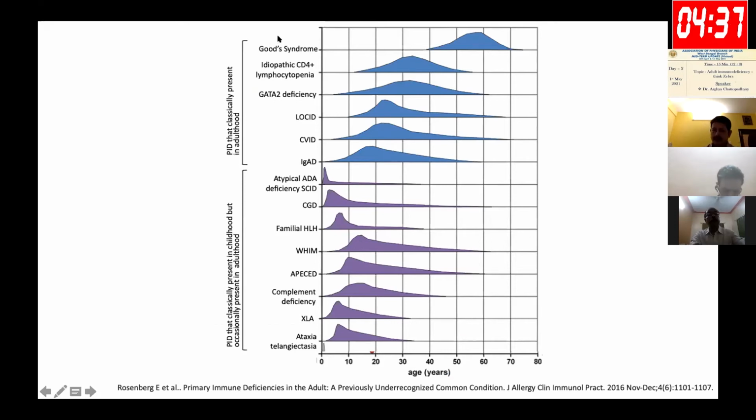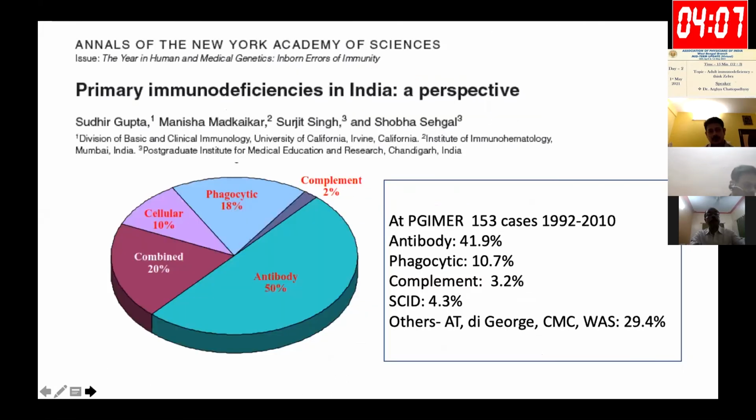One of them is CVID, which stands for common variable immune deficiency disorder, one of the commonest primary immune deficiency disorders in adults. Others are late onset combined immune deficiency, DOCK2 deficiency, and Good syndrome. Just look at the age of onset of Good syndrome: it is beyond 40, with a mean age of presentation of 50 to 60.